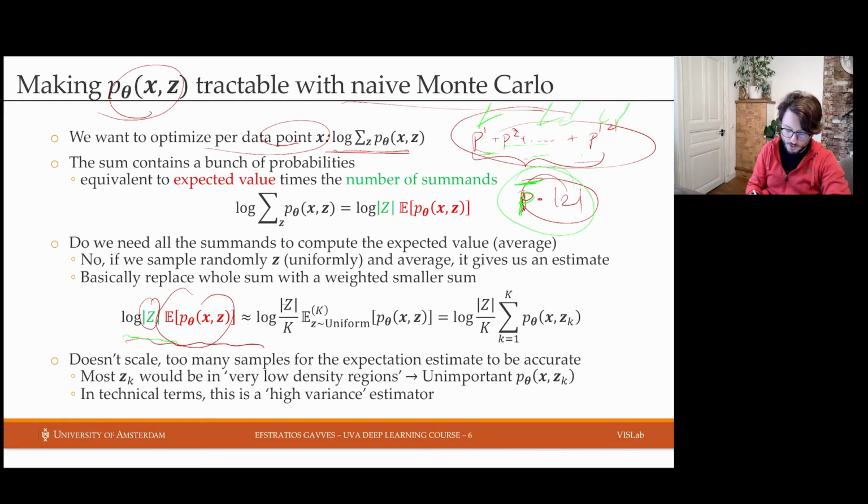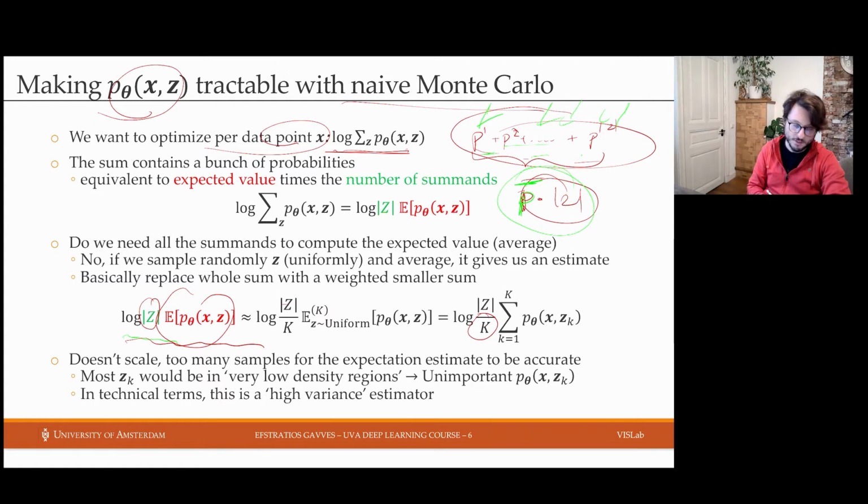We compute the average, and afterward we adjust by dividing by big K, the number of random samples we took, and like that we can approximate our total summation. This process is very intuitive, straightforward to understand. However, we have a problem here.